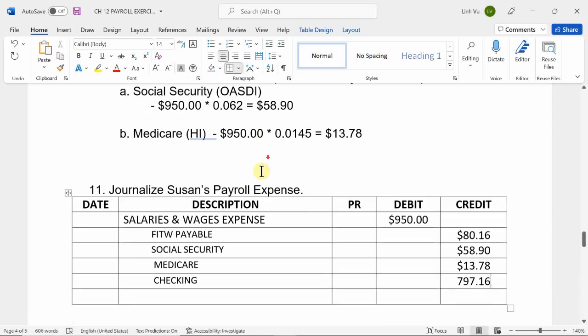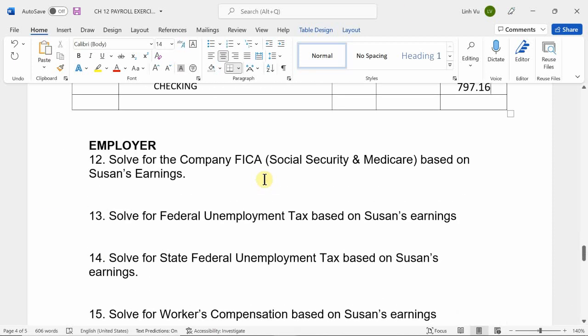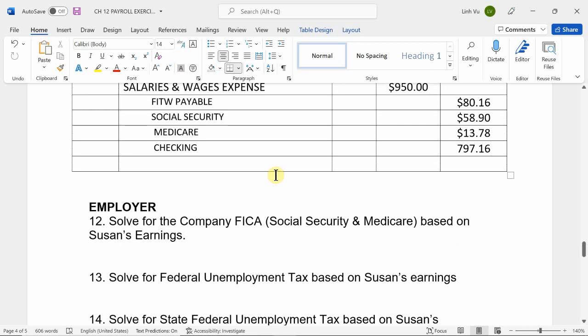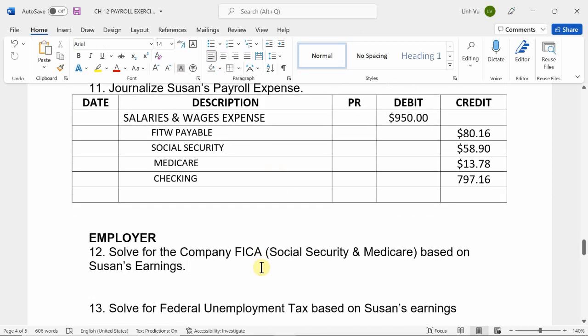That's her check. So let's do the last section here, the employer. We have to solve for the company FICA, so Social Security and Medicare. You already solved for it from the previous ones.